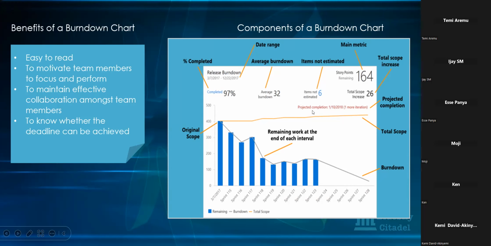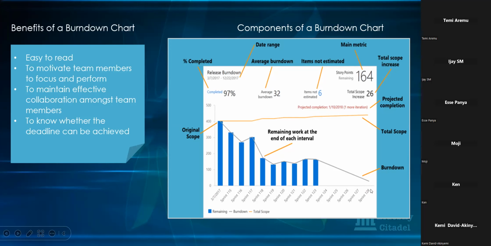But at least the projected completion information is telling them that at the rate at which this project is being completed, they're thinking they'll be able to release at sprint 128, but the projected completion is saying that you have one more sprint to go. So that means the release is going to be at the end of sprint 129.